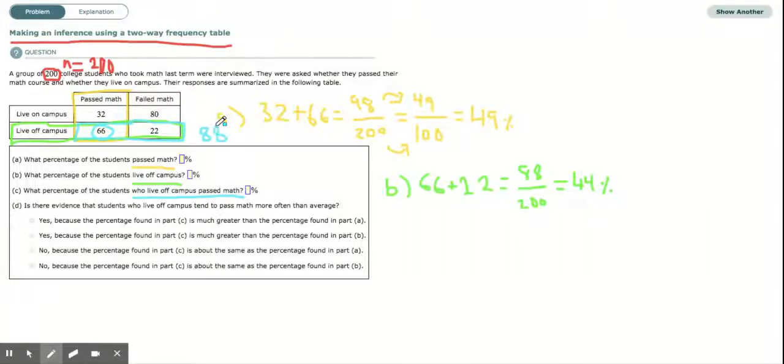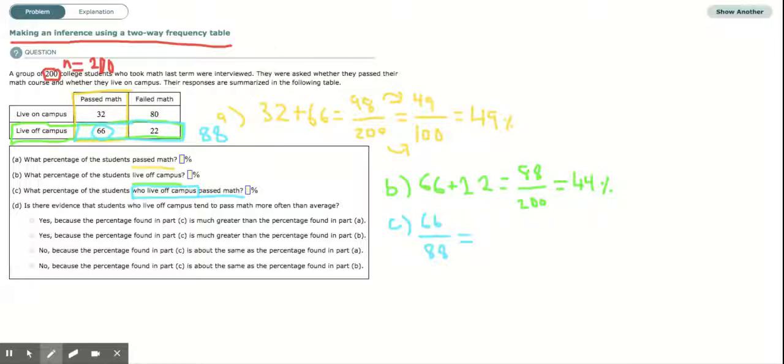So let's calculate that as a percentage. 66 of the students who live off campus. So this is what it's out of, the total of students who live off of campus, which is 88, as we said. And we want to write that as a percentage.